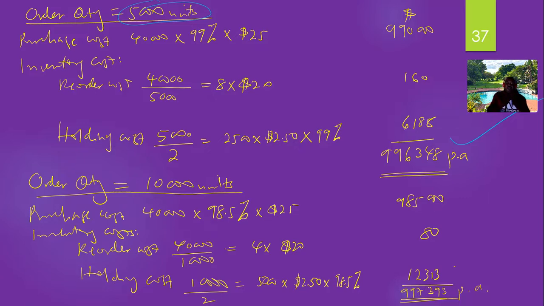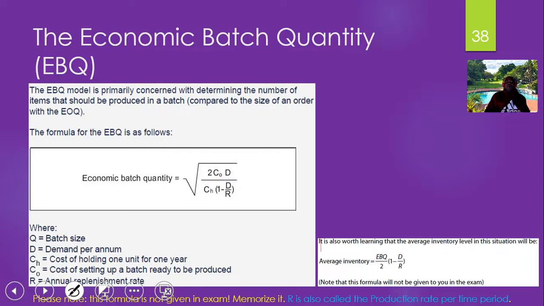Okay, sure, we are done there. We can proceed to the economic batch quantity. The economic batch quantity is a model primarily concerned with determining the number of items that should be produced in a batch, compared to the size of an order with the economic order quantity.